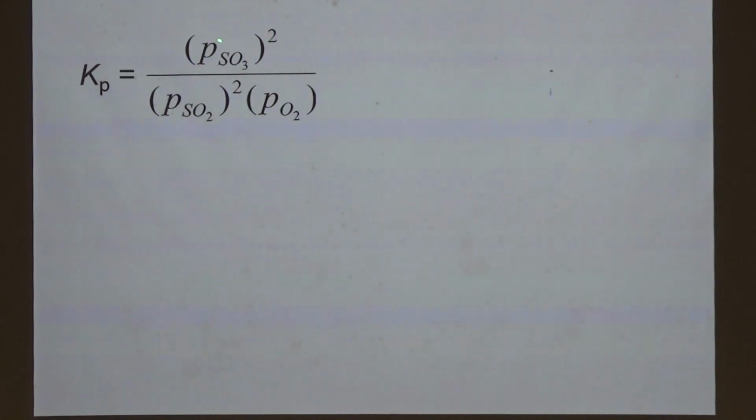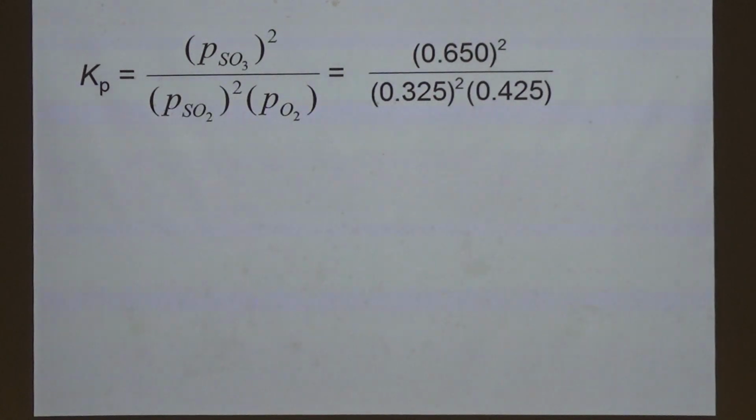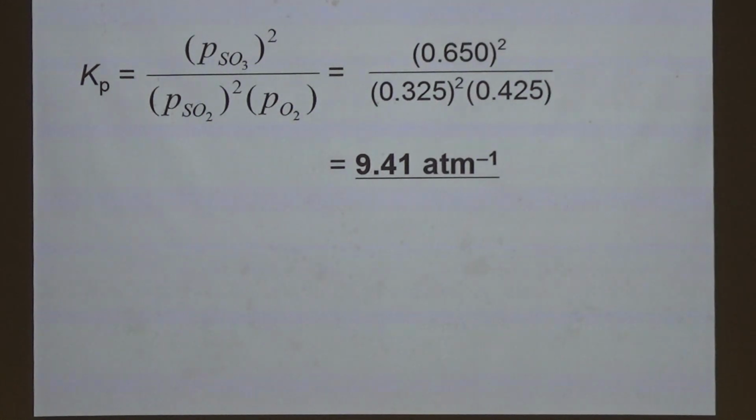So when you put square brackets here, you are confusing everybody because nobody will know whether you are referring to partial pressure or concentration. So don't use square brackets. Then substitute your partial pressures in, and you will get your Kp: 9.41 atm to the power minus 1. So that's for example 4.5.